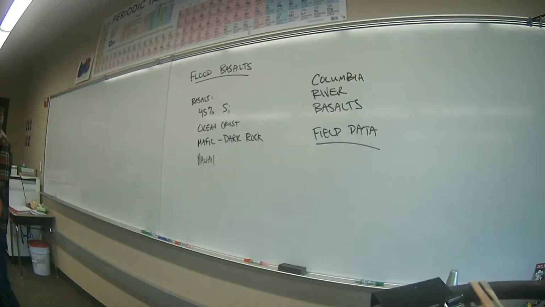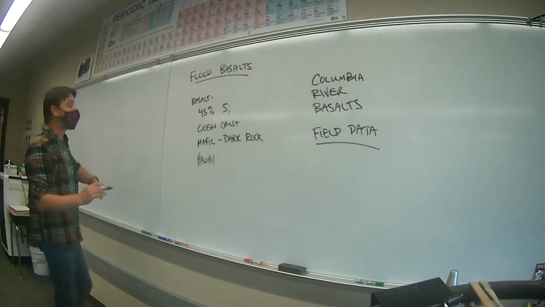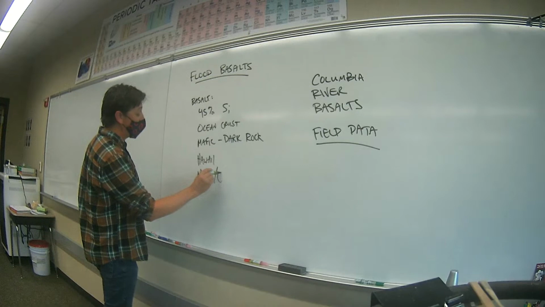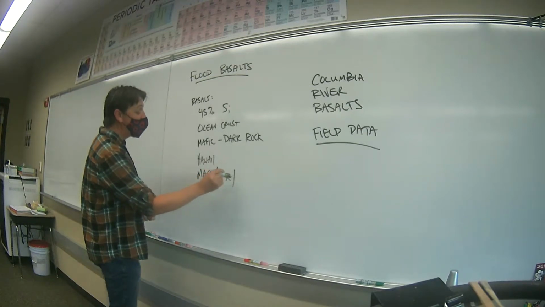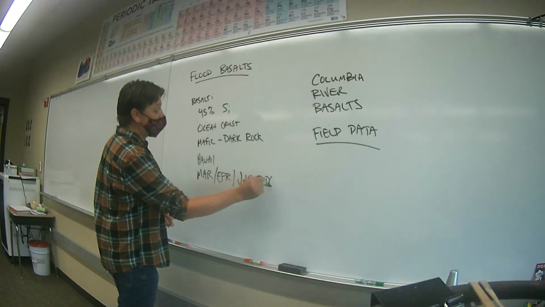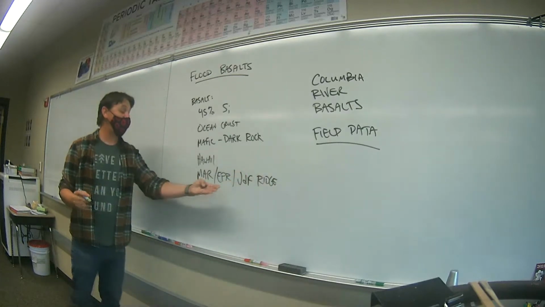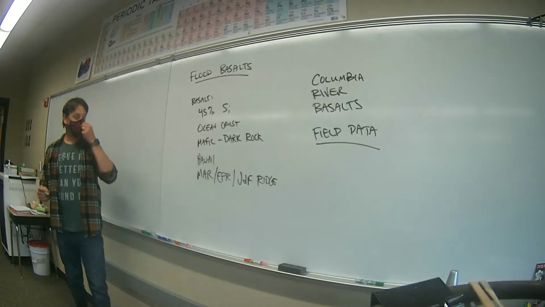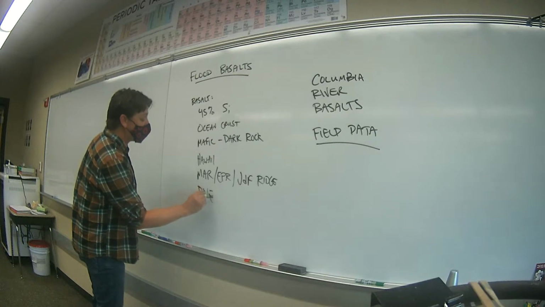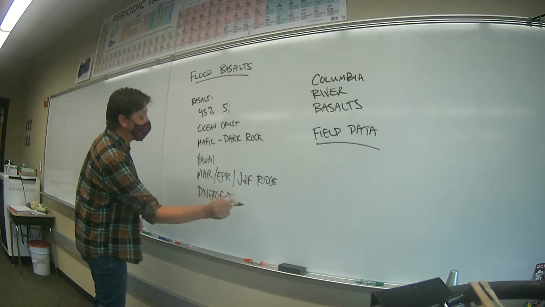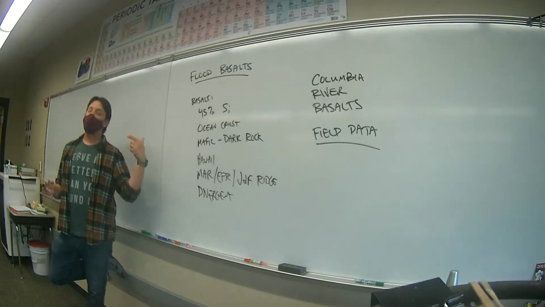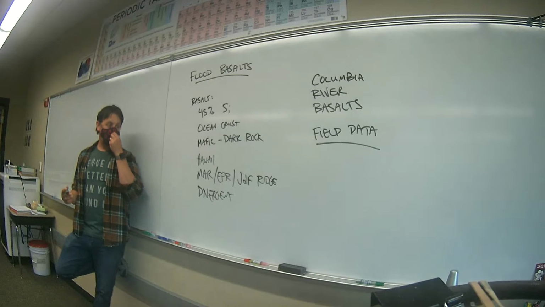Gosh, what else? Mid-Atlantic Ridge, East Pacific Rise. Juan de Fuca Ridge. All of these places make basalt. Divergent plate boundary. We think of basalt as coming from divergent plate boundary.